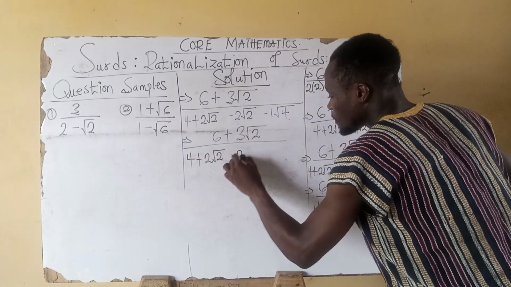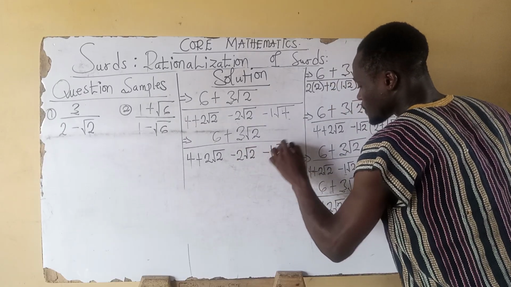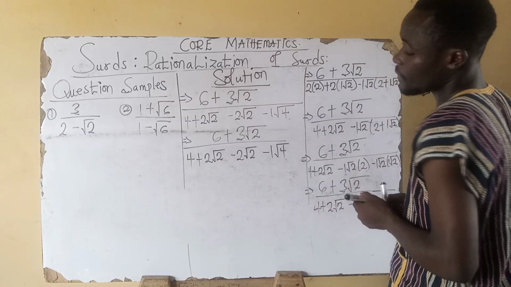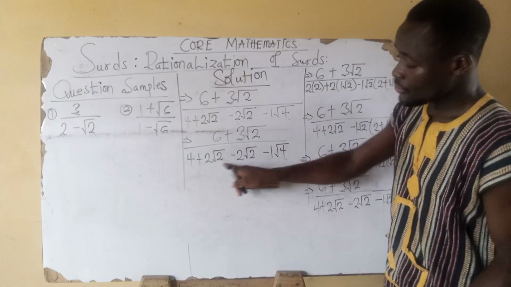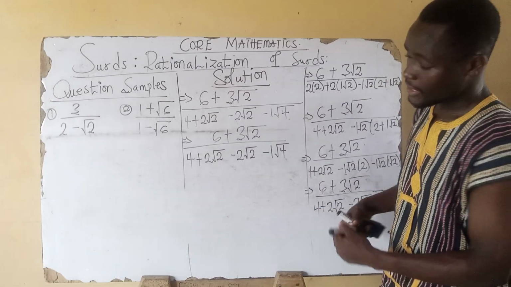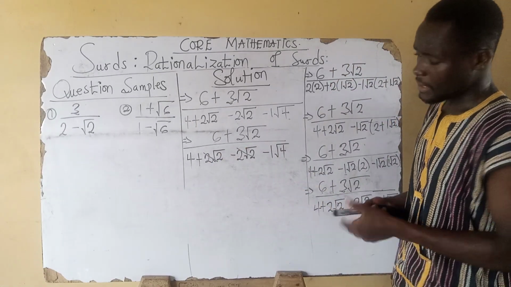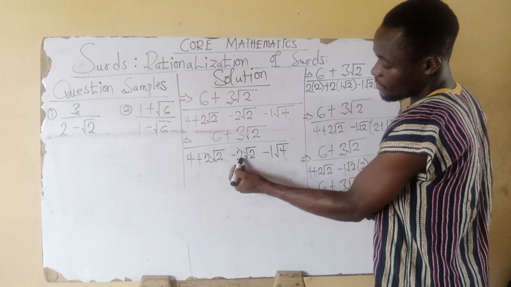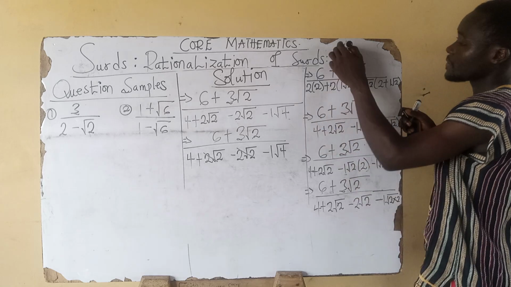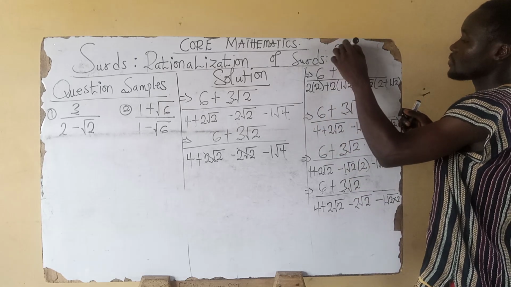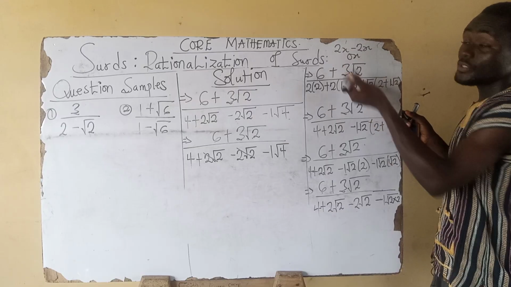Now I have negative 2 root 2. Now I have negative 1 root of 4. Now you can see that this positive 2 root 2, negative 2 root 2, they are like terms. So therefore, you will cancel each other. It is like you're having 2 minus 2. It is similarly like you are having 2x minus 2x. This one gives you what? 0x. And we don't write 0x.